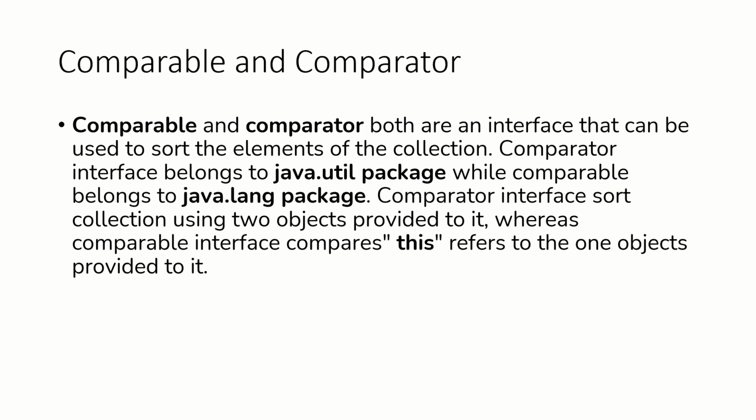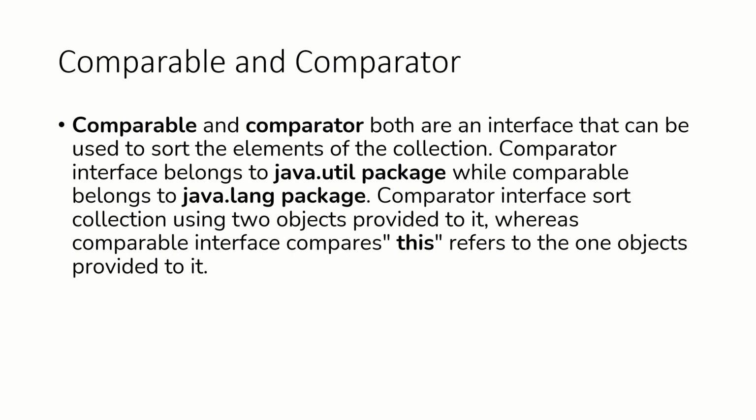The Comparator interface belongs to the java.util package, while Comparable belongs to the java.lang package. The Comparator interface sorts the collection using two objects provided to it, whereas the Comparable interface compares "this" reference to the one object provided to it.